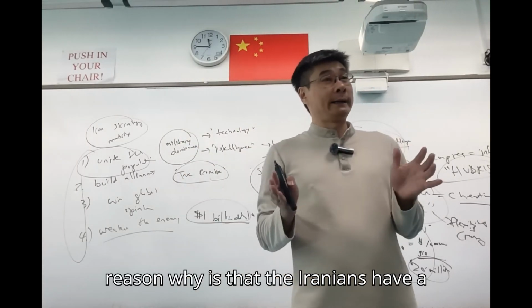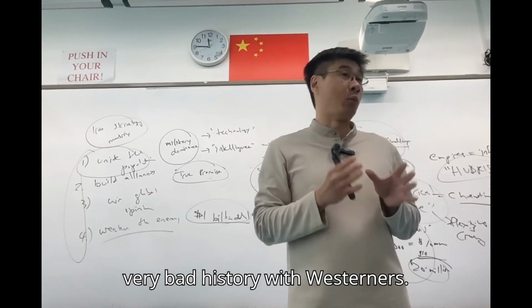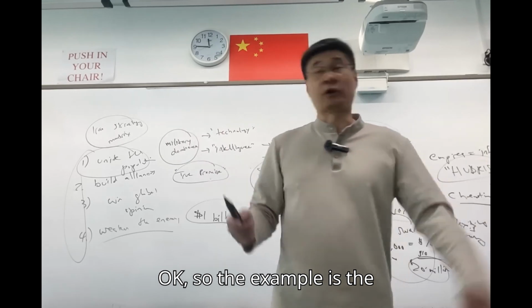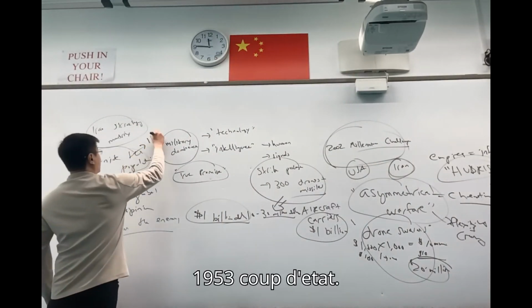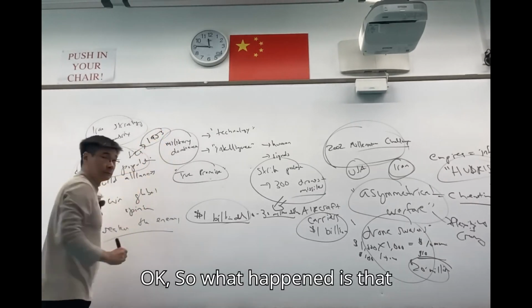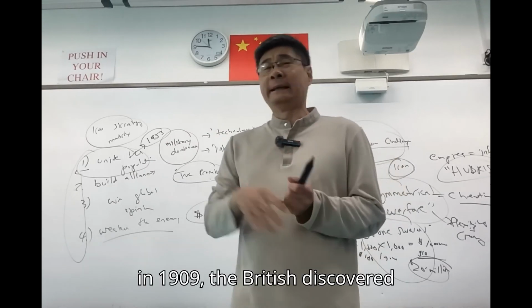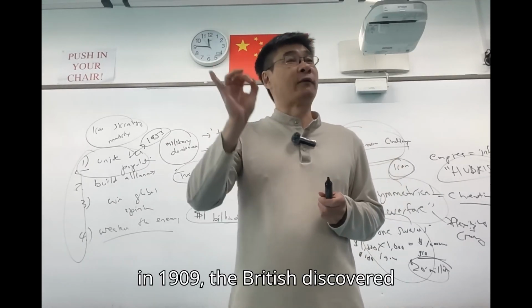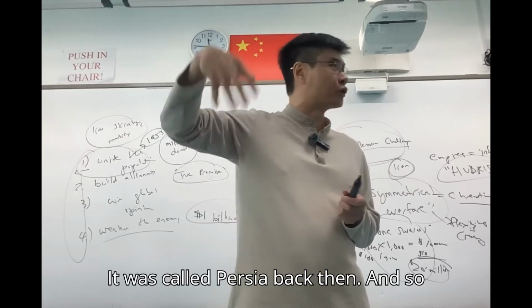And the reason why is that the Iranians have a very bad history with Westerners. So the example is the 1953 coup d'etat. What happened is that in 1909, the British discovered oil in Iran. It was called Persia back then.